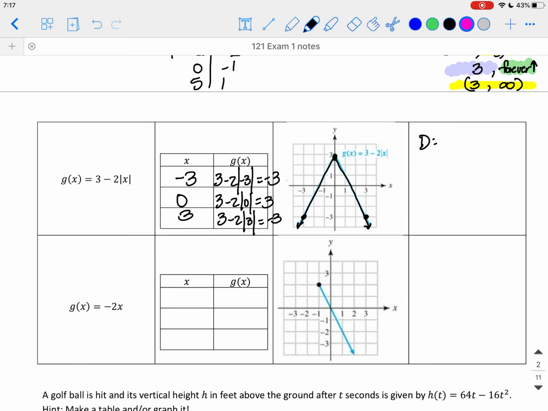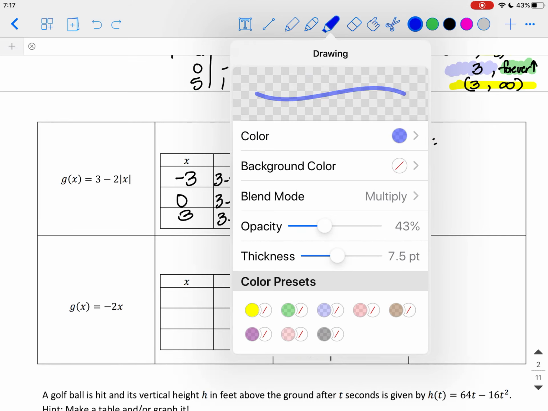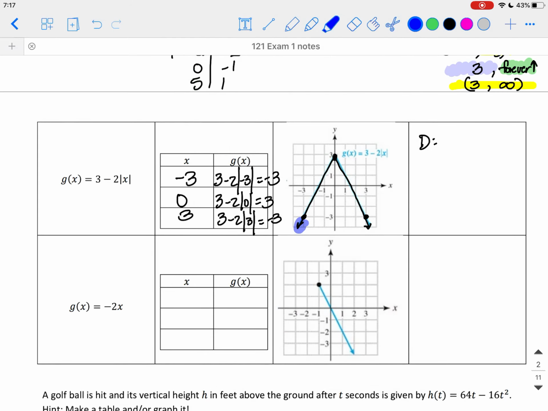Okay, so our domain is lowest x, comma, highest x. So our x's run from left for the lowest values to the right for the highest values. So our lowest x is right here. Oh my goodness, that's very bright. Right here. So our lowest x is going to go forever to the left.